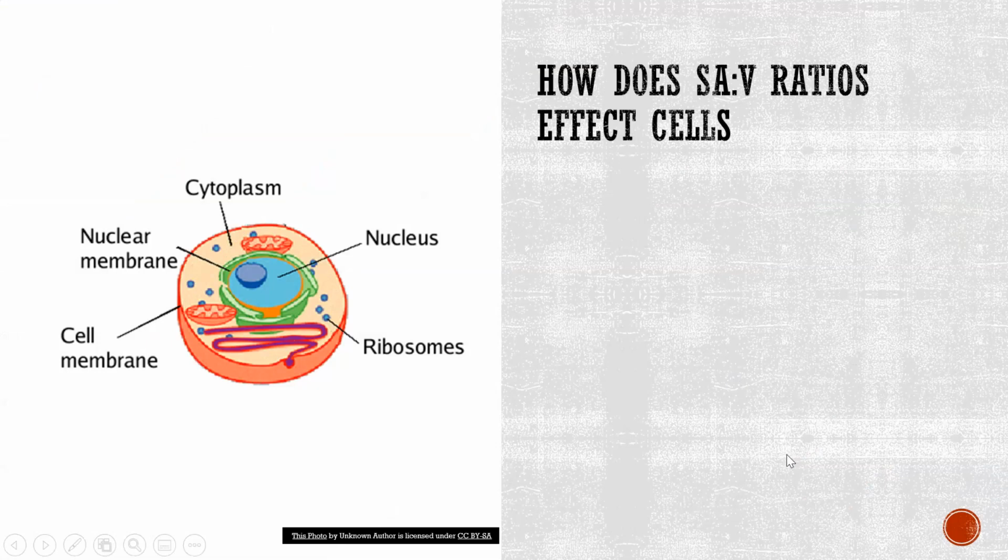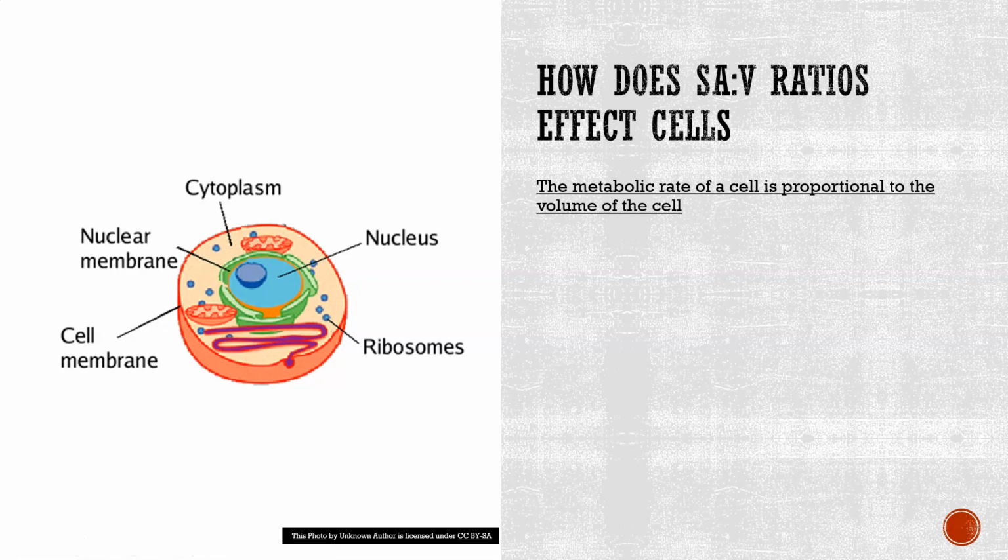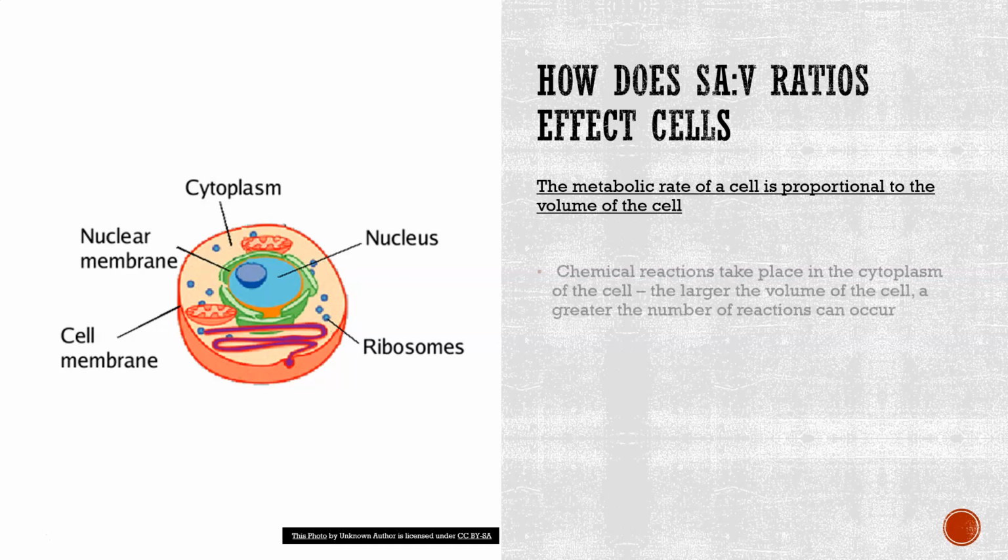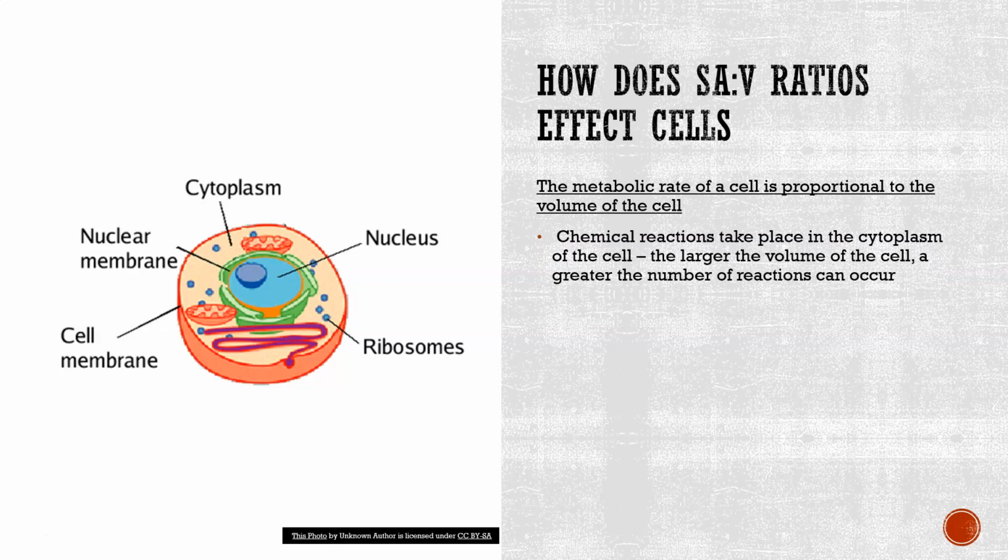Alrighty, so how does this surface area to volume ratio affect our cells? Well, the metabolic rate of a cell is actually proportional to the volume of the cell itself. So the number of chemical reactions that will take place within the cytoplasm is larger if the cell is larger. Now, if you have a bigger cell, it needs more reactants in the cytoplasm for these reactions to take place, which means that amount of reactant has to be able to pass over the cell wall.